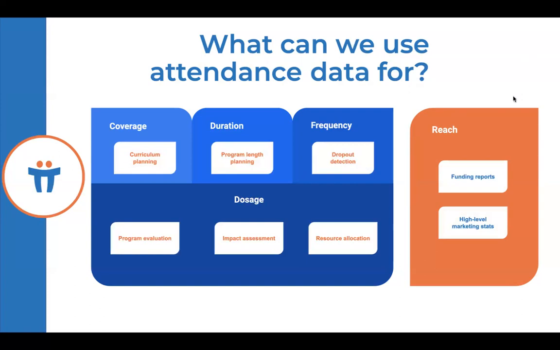Absolutely. So that right there for me is my personal most interesting avenue of attendance data, which is dosage. So we've got frequency and duration, which adds together to be a total number of hours spent in the program. So over a month, you might have 6 one-hour sessions for 6 total hours of content. And what we're looking at there is, I don't know if I can draw on this thing.